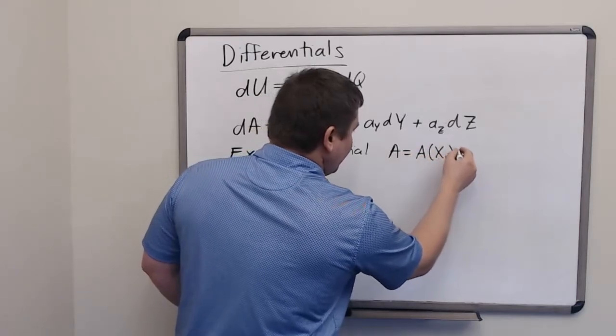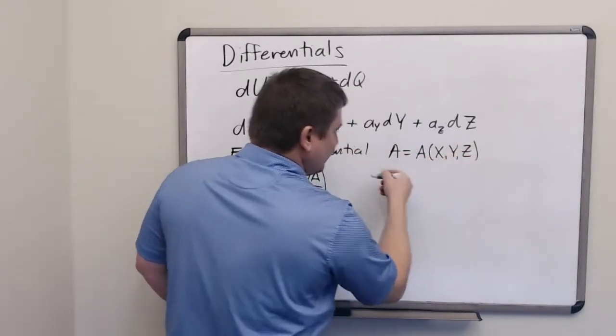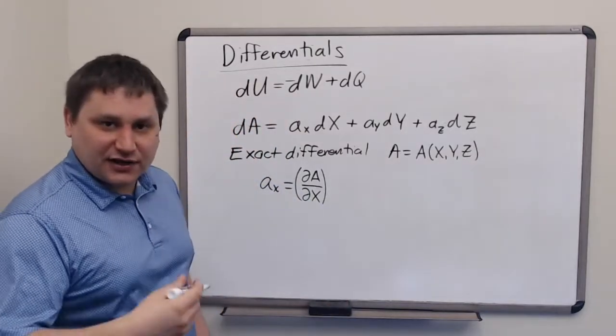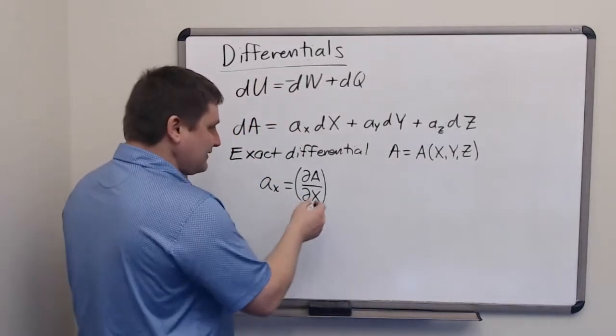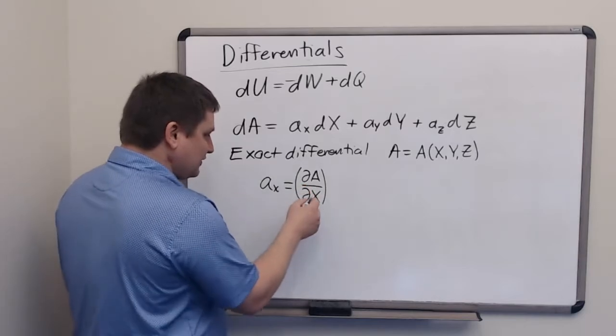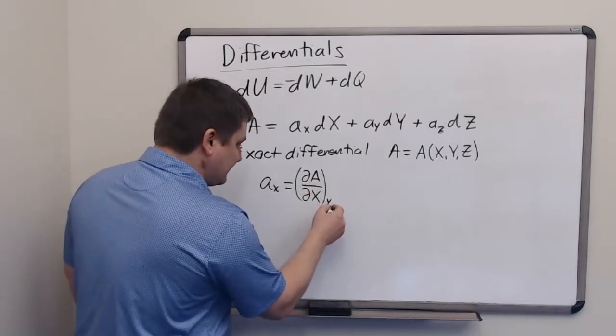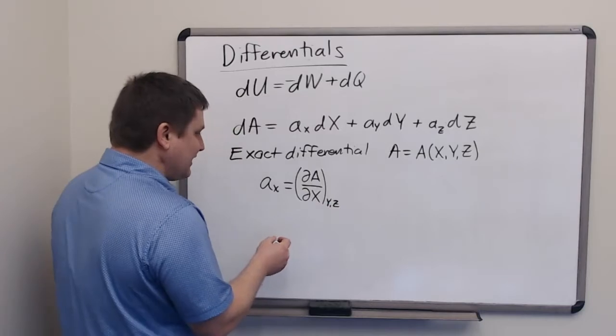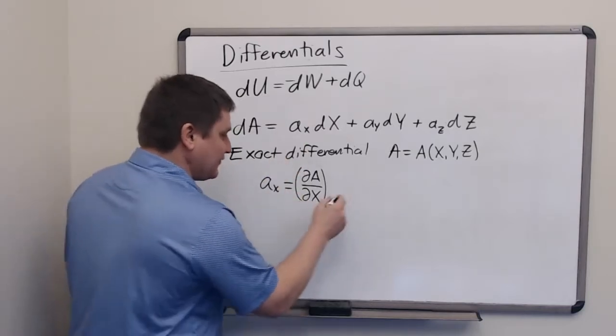So in order for a differential to be exact, there must exist a function of the independent variables that has the following property. The partial derivative with respect to x with y and z held constant gives this a_x coefficient here.